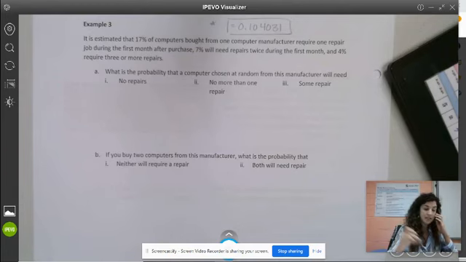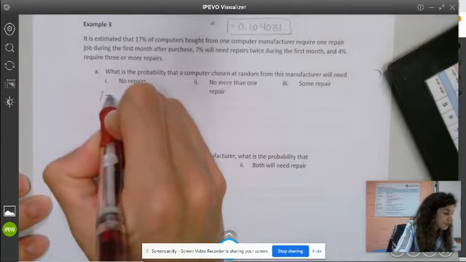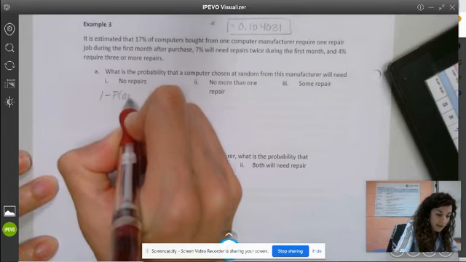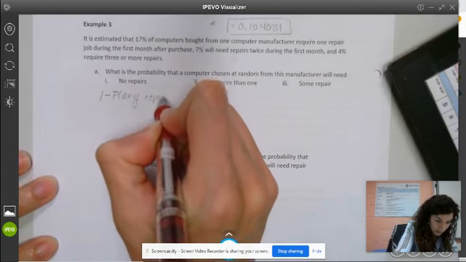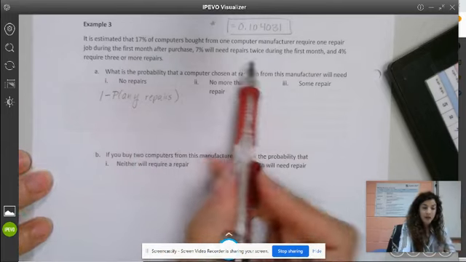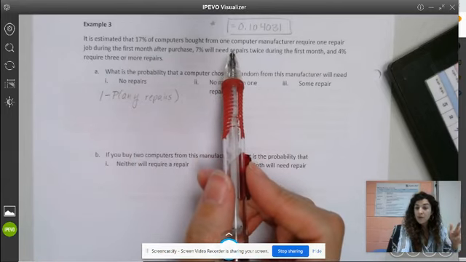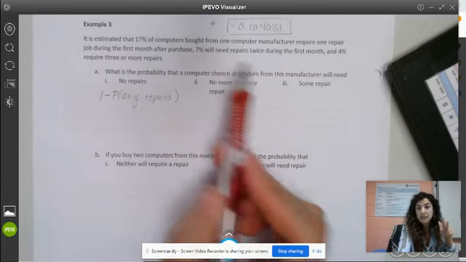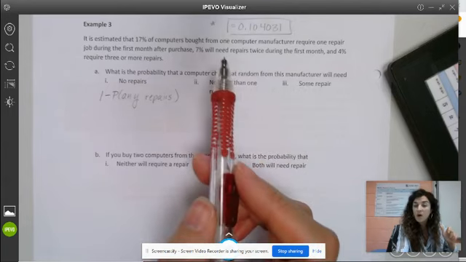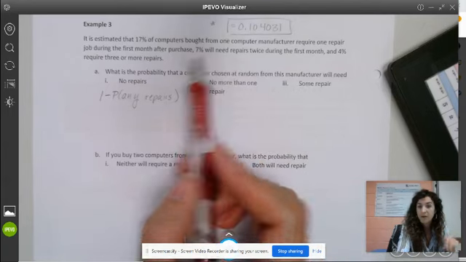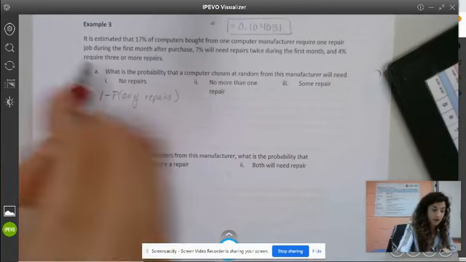Okay, so what is the probability the computer chosen at random from this manufacturer will need no repairs? Which means I need to take 100% and subtract out the probability of any repairs. Well, that's 1, 2, or 3 repairs, right? Those are 3 different probabilities. 1 or 2 or 3 repairs would fall under here.